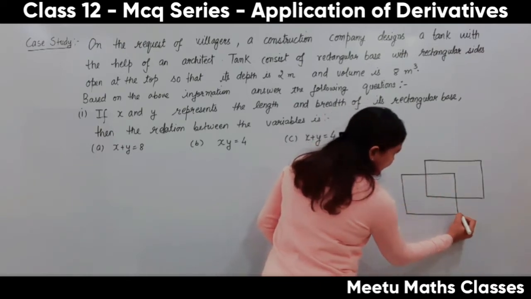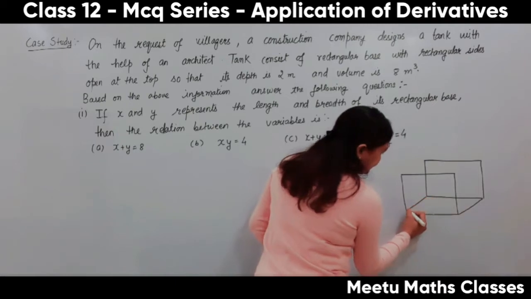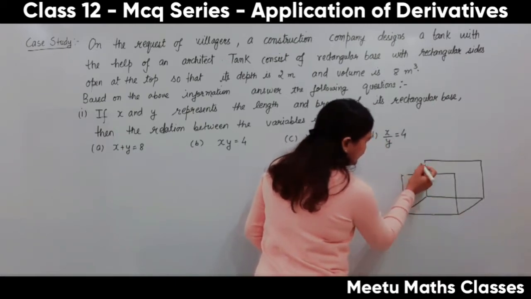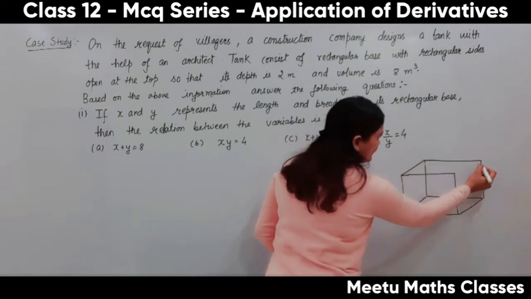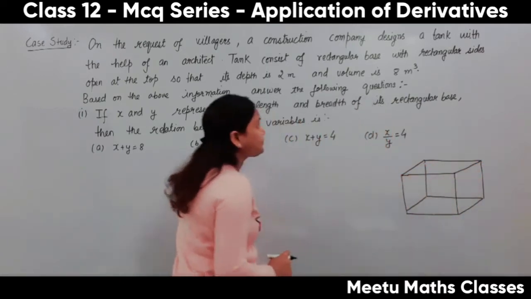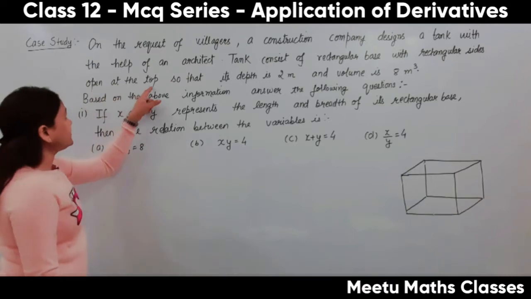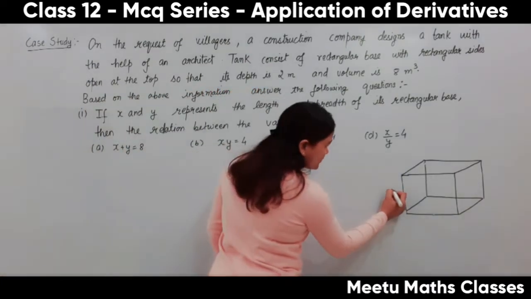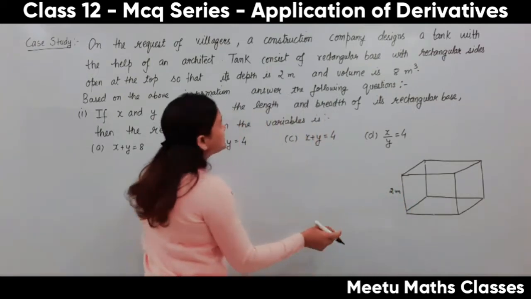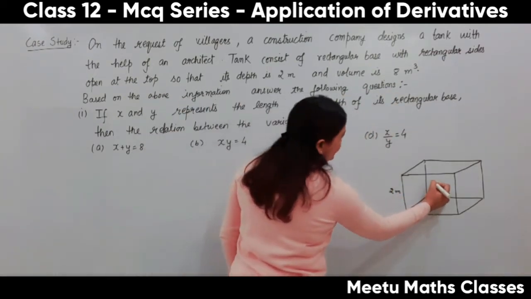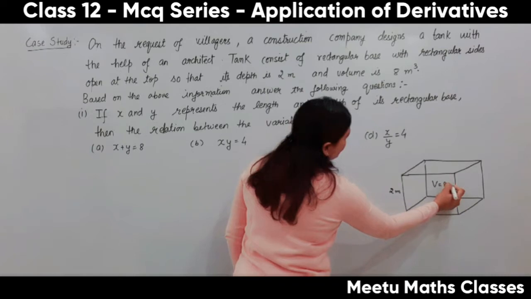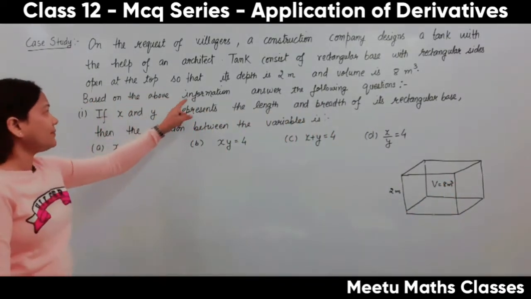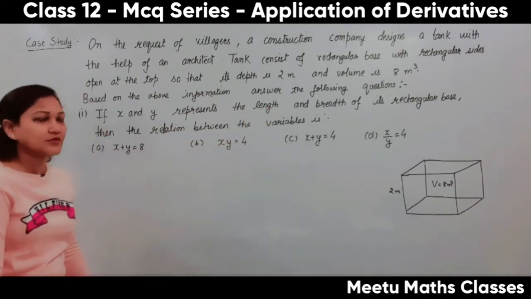So your tank is like a cuboid, open at the top, so that its depth is 2 meters and the volume of the tank is 8 meter cube. So you are given the volume of the tank. Now based on the above information, you have to answer the following questions.